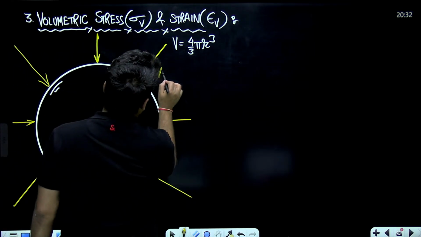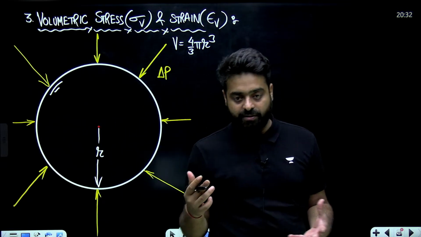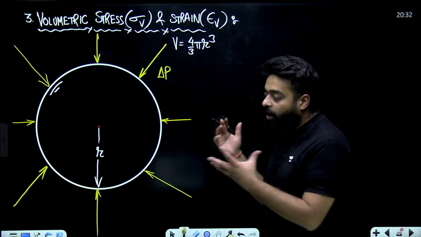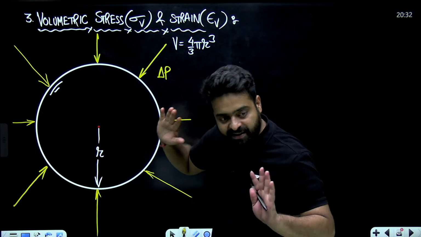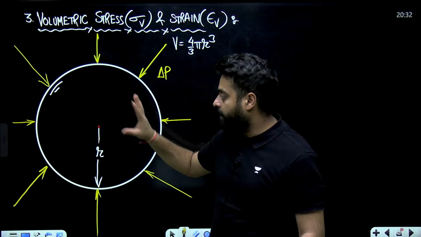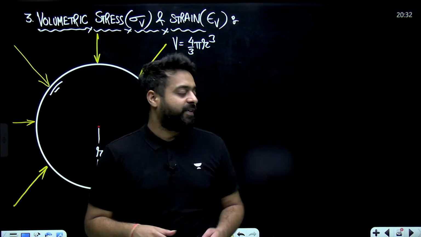If there is any delta P, which is basically the force per unit area change, then what happens? The whole shape of the body will remain the same. The shape will remain circular, or spherical.